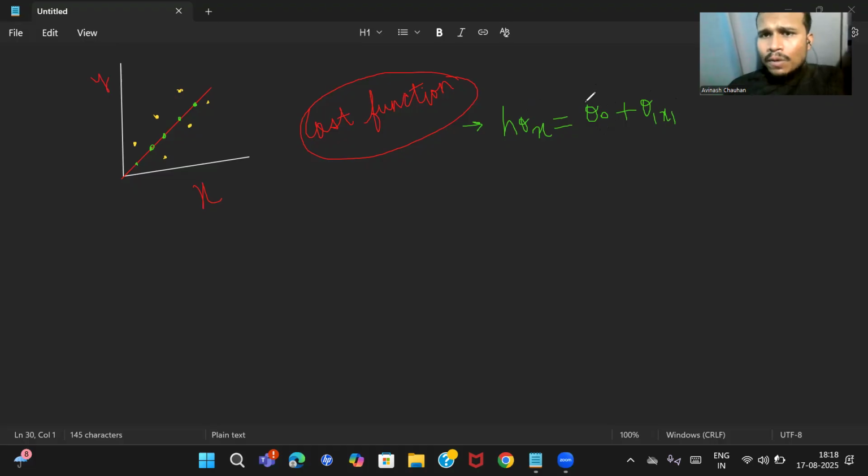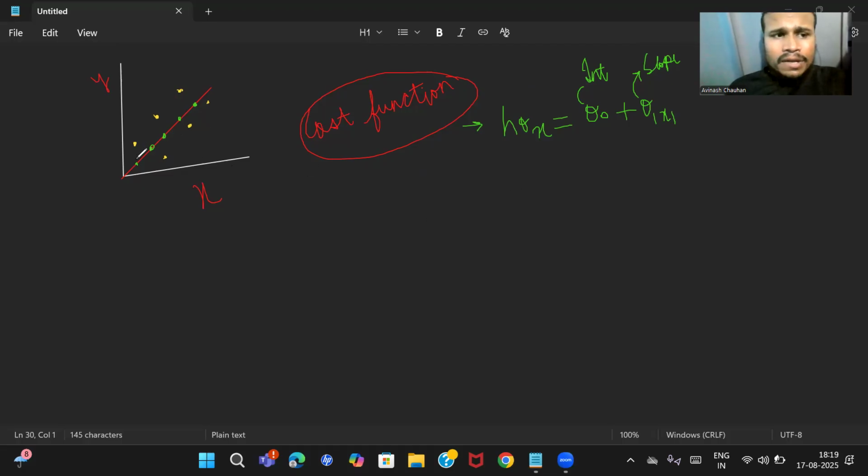This is the intercept, and theta 1 is basically our slope. And this is basically the line. This is the hypothesis we are talking about.